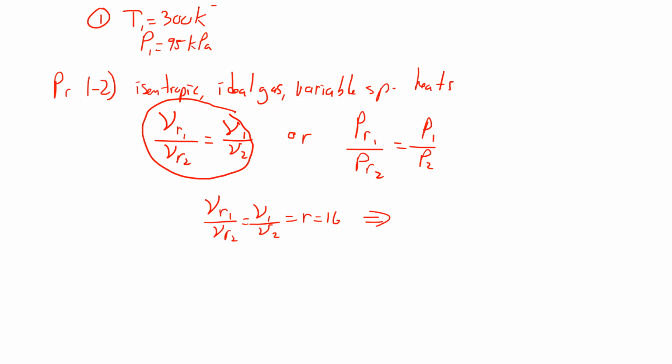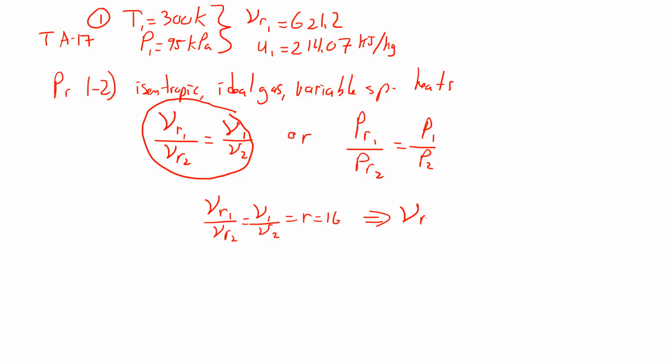So if I go back to state 1, I'm going to find, using table A-17, the ideal gas table, at 300 Kelvin, that my relative volume is 621.2 and my internal energy is 214.07 kilojoules per kilogram. With that, I get my relative volume at state 2 also, and I can calculate that as 38.8.